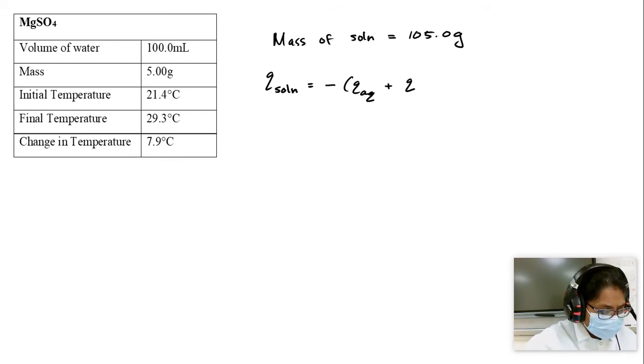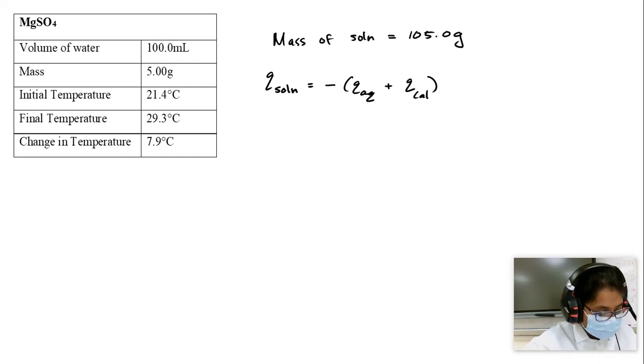I believe I gave you the specific heat of the calorimeter in the lab handout. So you should be able to calculate Q cal. So the Q for the solution is going to be the thermal energy released when the salt dissolved plus the correction for the calorimeter.